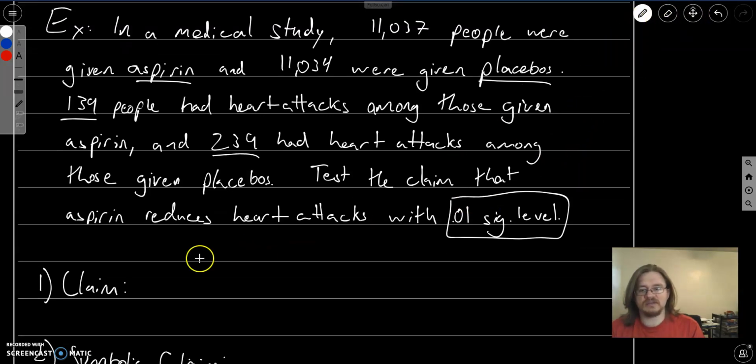So our claim is just exactly that, that aspirin reduces the risk of heart attack.